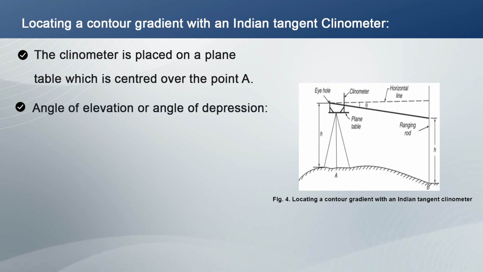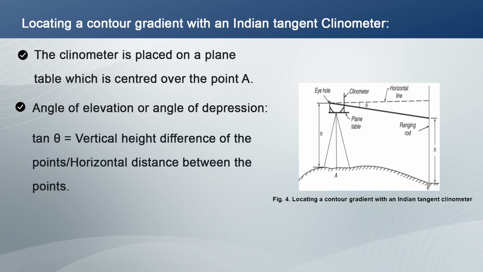The natural tangent of the angle of elevation for a rising gradient or the angle of depression of a down gradient is calculated, that is tan theta equals vertical height difference of the points divided by horizontal distance between the points. The clinometer is leveled and the line of sight is clamped on the natural tangent reading for the given gradient.